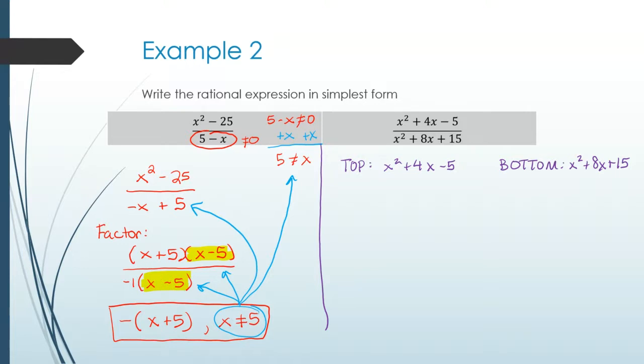For the top here, I've got x squared plus 4x minus 5. So I know that I have to have an x times an x. I know I have to have two numbers that multiply to -5 and add to 4. Because I'm multiplying to a negative but adding to a positive, I know I have to have opposite signs because that's the only way to multiply to a negative.